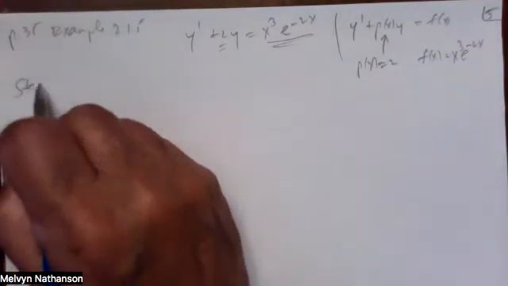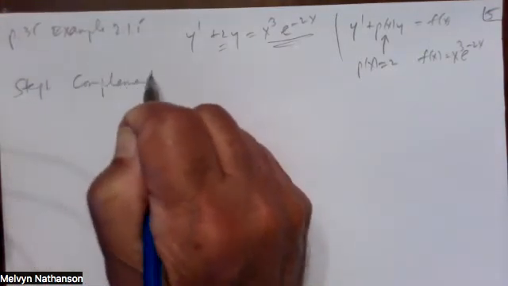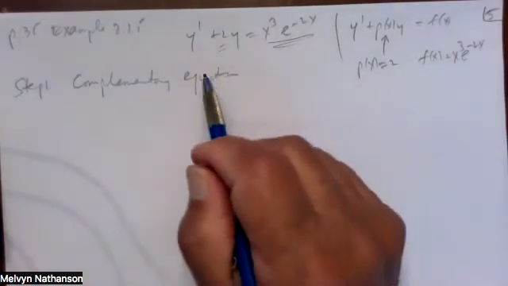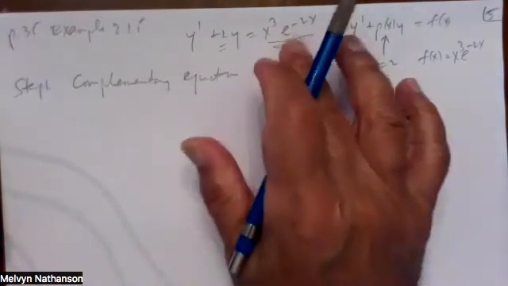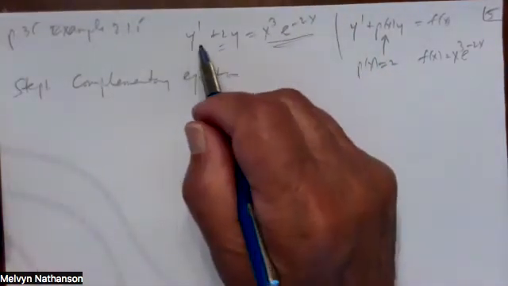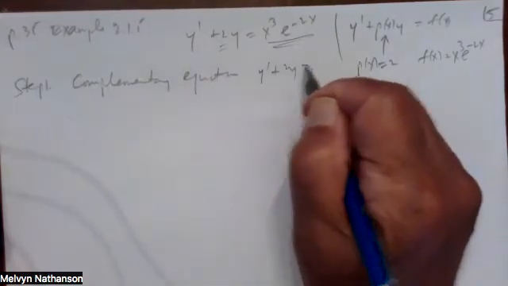So the first step is to consider what is called the complementary equation, which is the homogeneous equation you would get if you set the right-hand side equal to 0. So the complementary equation would be y prime plus 2y equals 0.